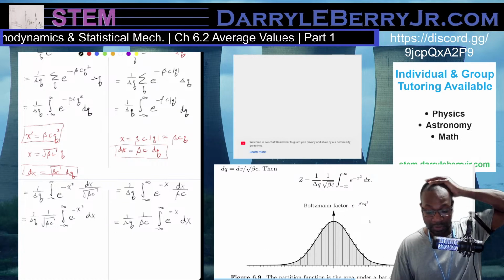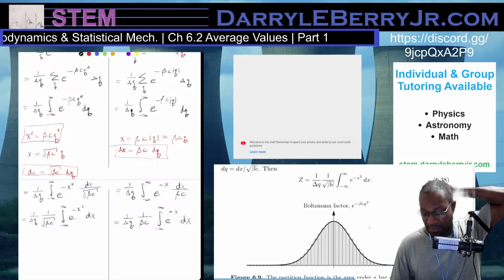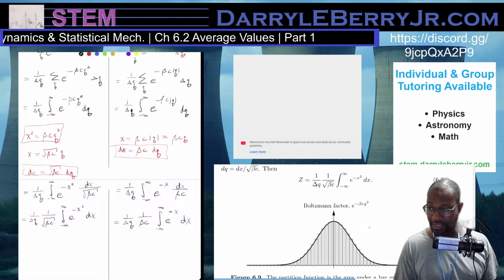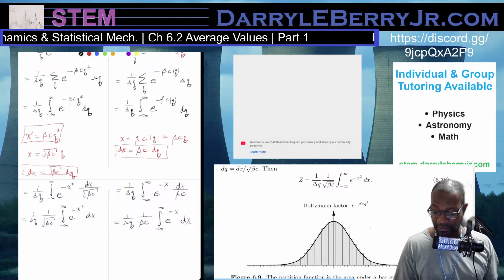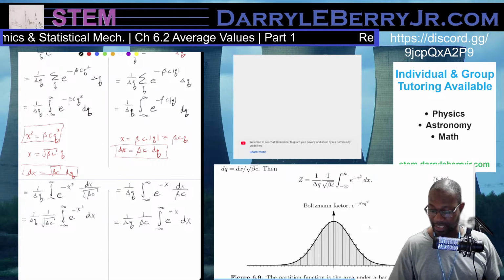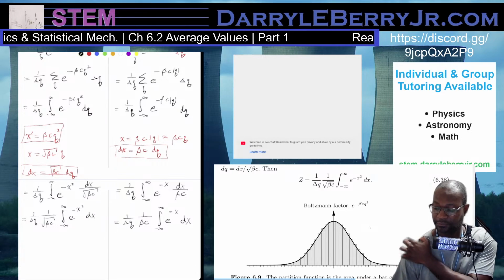Right. So it looks like I'm matching what they have on the left side, and I'll assume that the right side is equivalently correct.